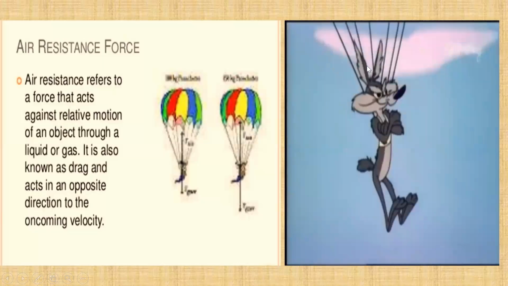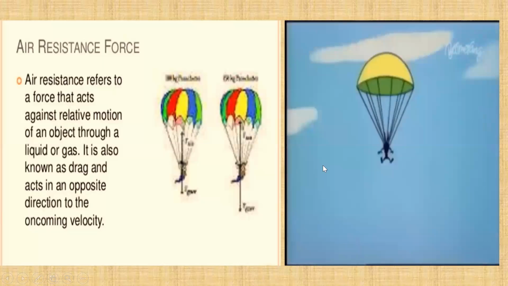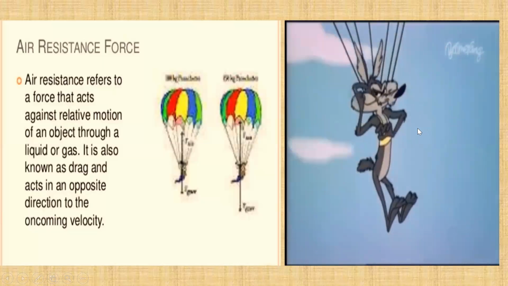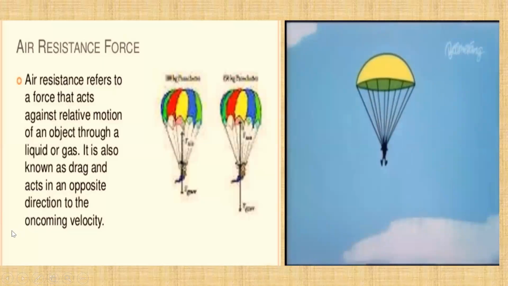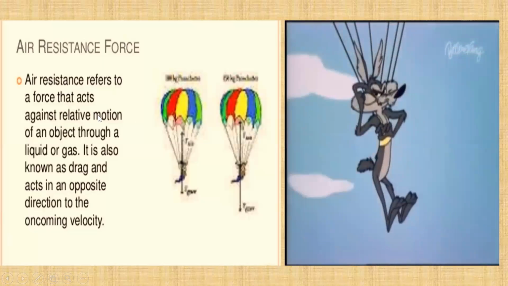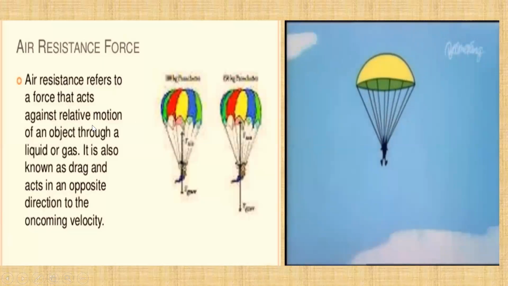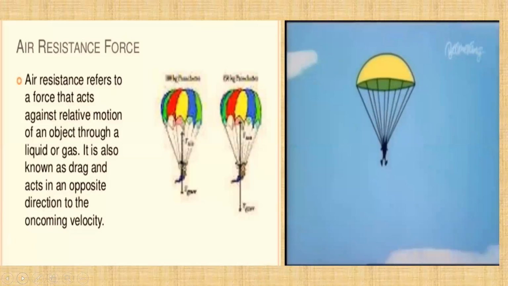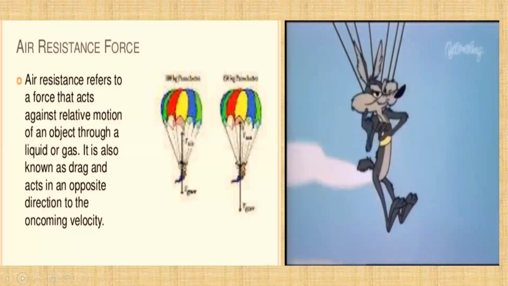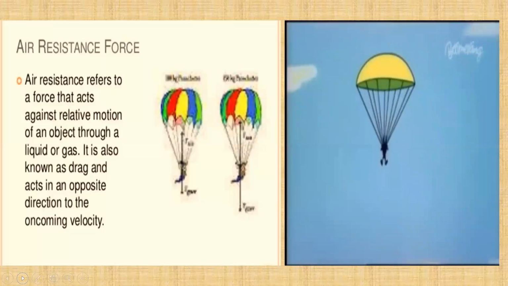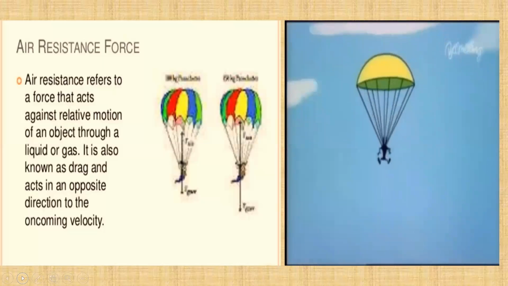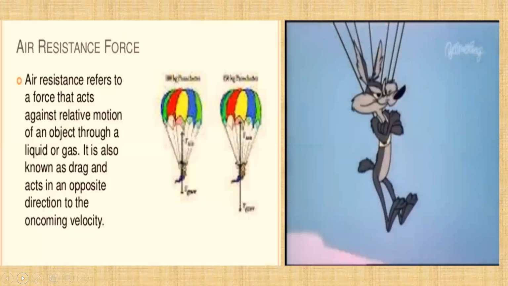That is, when an object is moving, this air resistance tries to pull it back or stop it. This is called drag. Otherwise, because of the air present in the atmosphere on the Earth's surface, objects face some opposite force when they are moving. That is nothing but the drag. That is called air resistance.